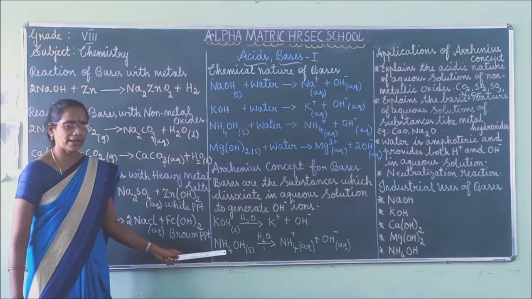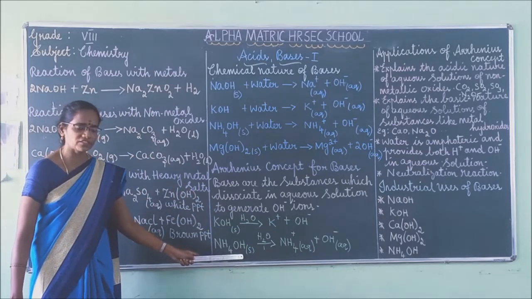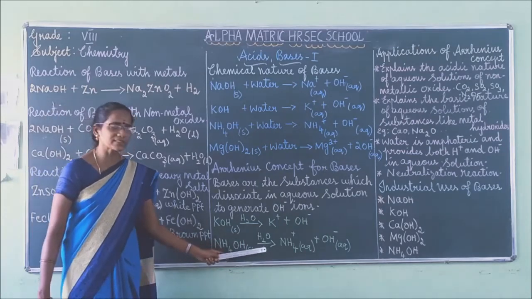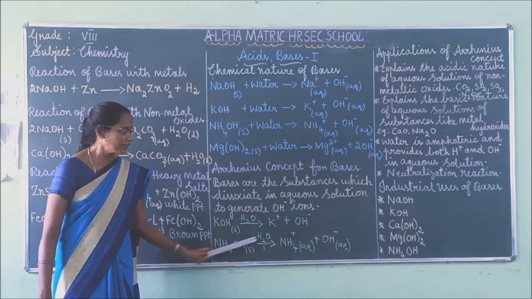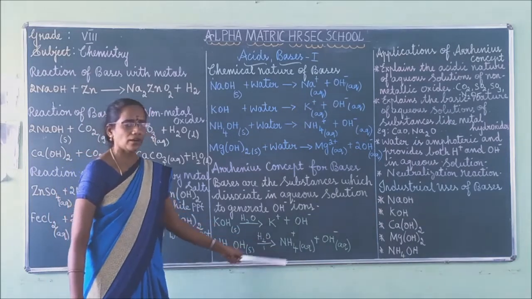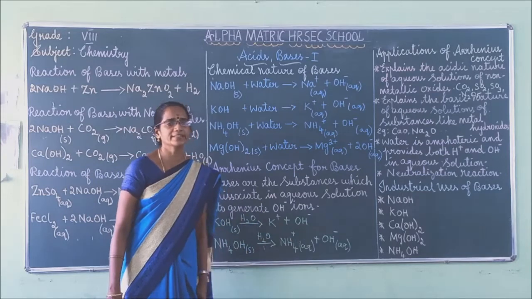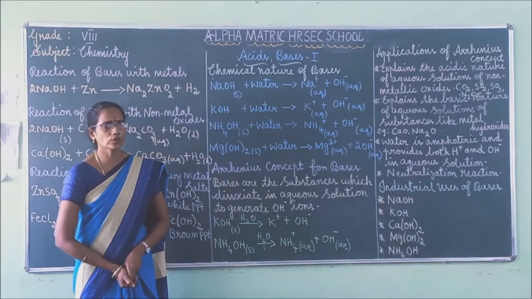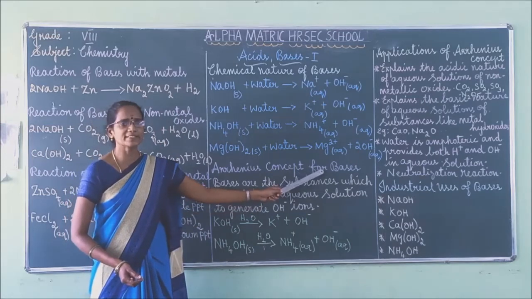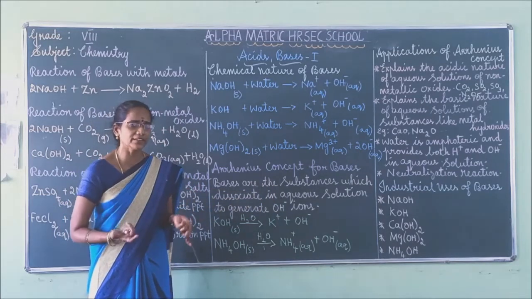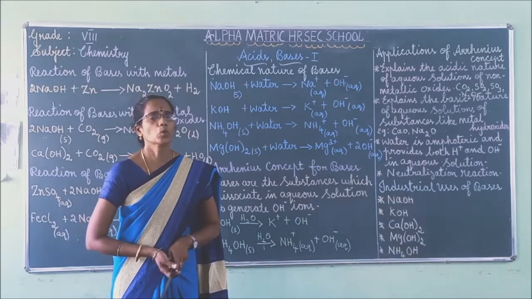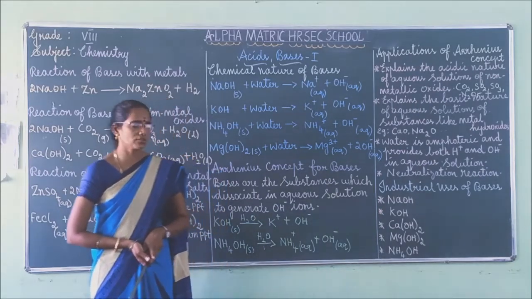And ammonium hydroxide, NH4OH, is also a solid. Ammonium hydroxide on treating with water forms ammonium ion, NH4 plus ion, plus OH minus ion. So the Arrhenius concept for bases means that when it is treated with water, it releases OH minus ions.